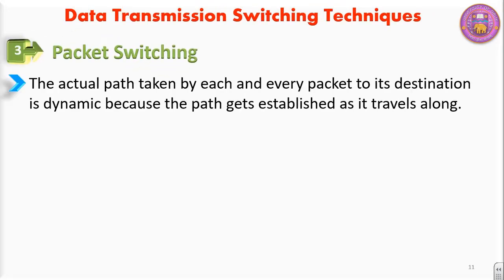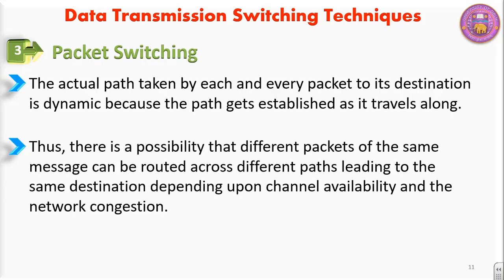The actual path taken by each and every packet to its destination is dynamic because the path gets established as it travels along. Thus, there is a possibility that different packets of the same message can be routed across different paths leading to the same destination depending upon channel availability and the network congestion.